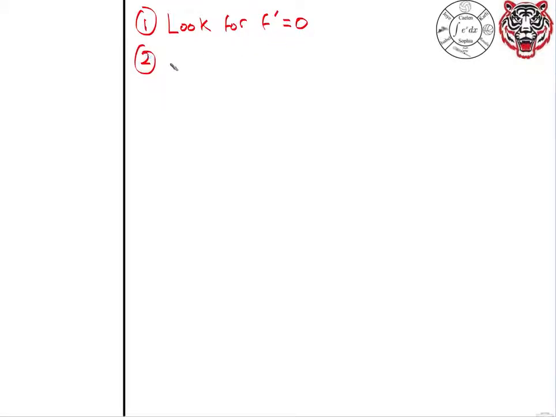Step 2: if there's a sign change, that implies there's a maximum or there's a minimum. And then step 3: if f prime goes from positive to negative, that means what?